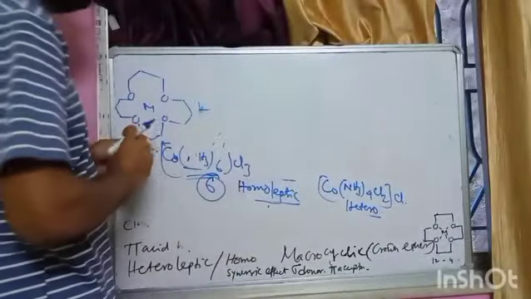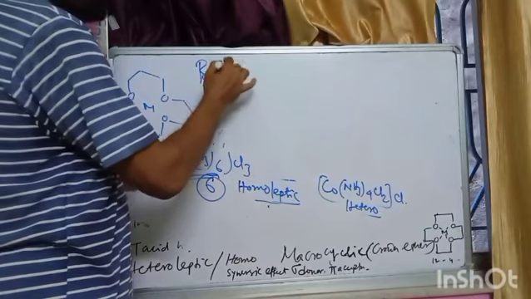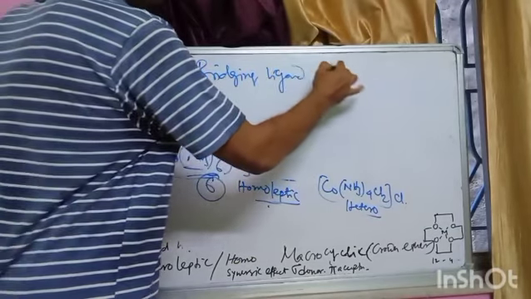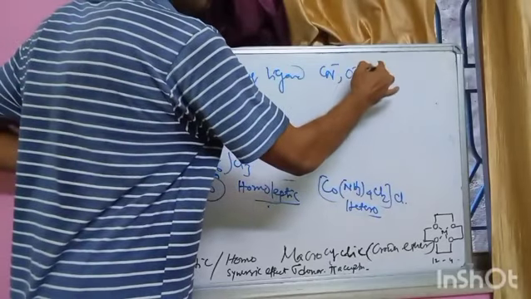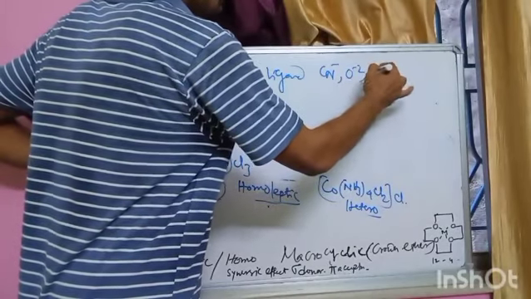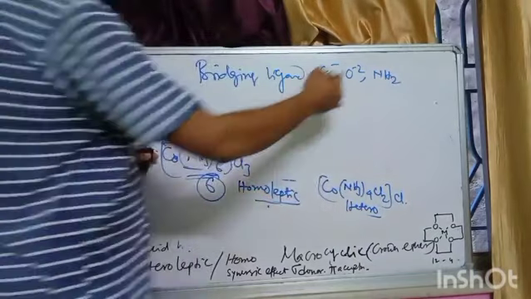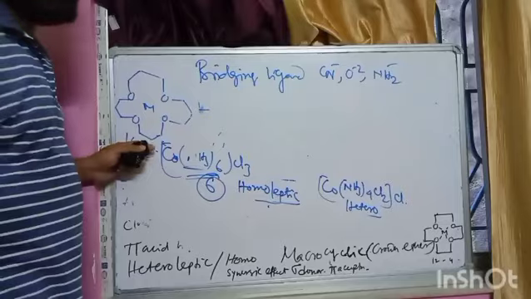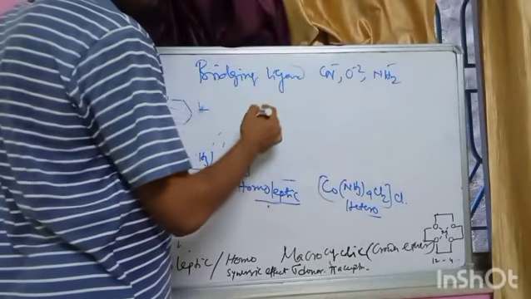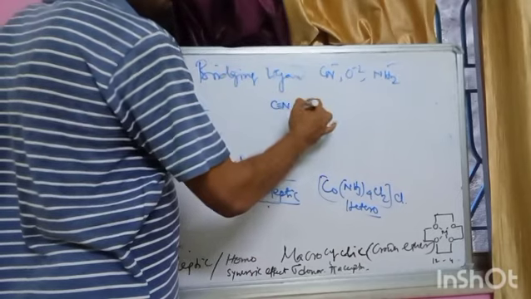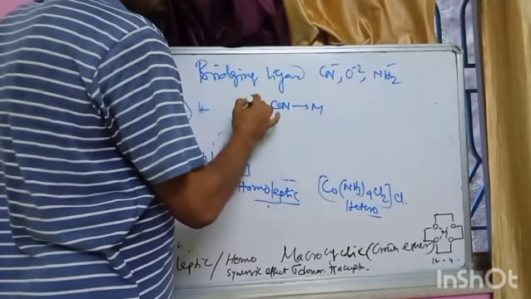Examples of bridging ligands are CN minus, O2 minus, NH2 minus, etc. An example of a bridging ligand is CN: when the C and N are bound to a metal atom, there is another metal atom.